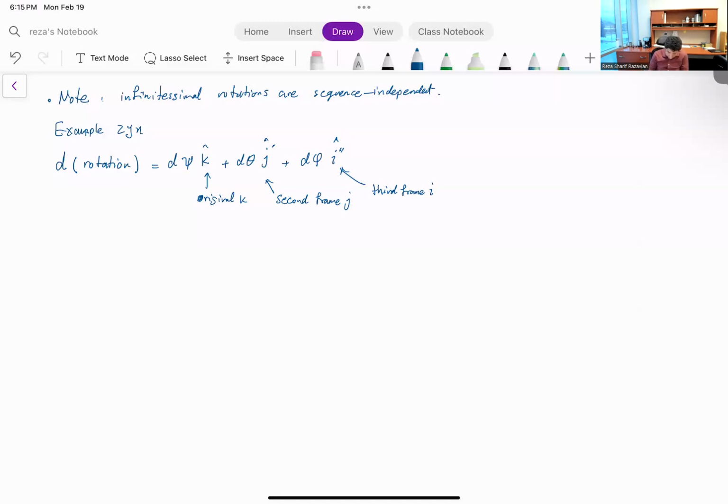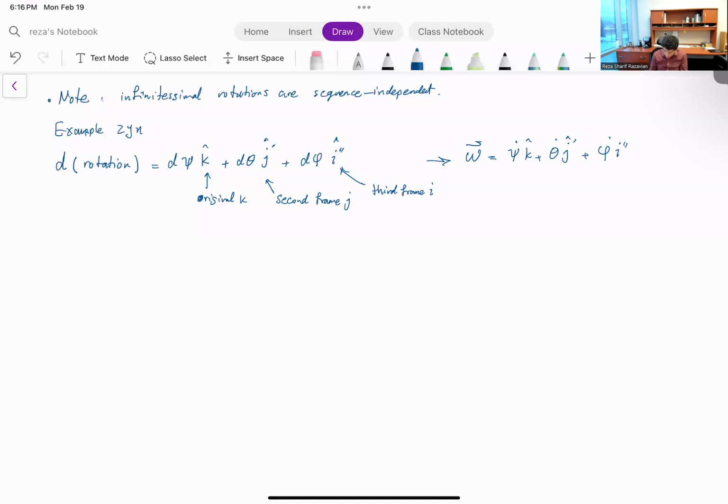Okay, and from here, if I want to define my angular velocity, it is the rate of change of rotation per time. So I'll divide everything by time, and my omega vector is going to be psi dot K plus phi dot J prime plus phi dot I double prime.